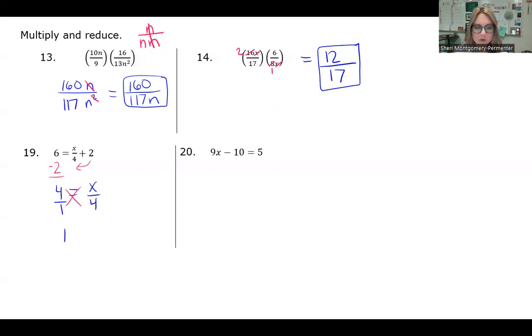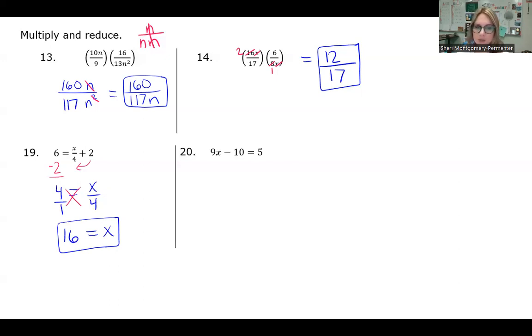So we get 4 times 4, which is 16, is equal to 1 times x, which is just x. Yep, that's fine. That's all you'd have to do.